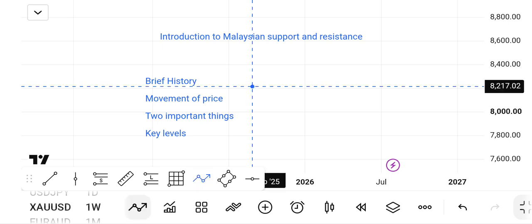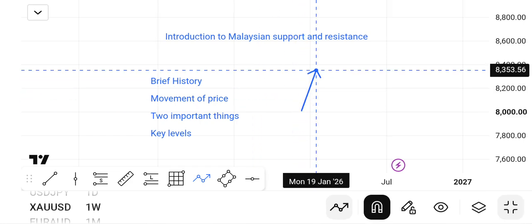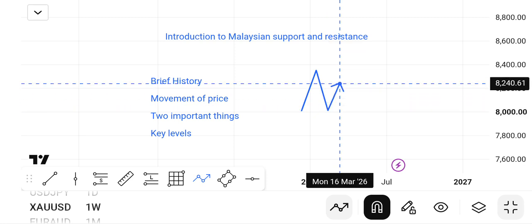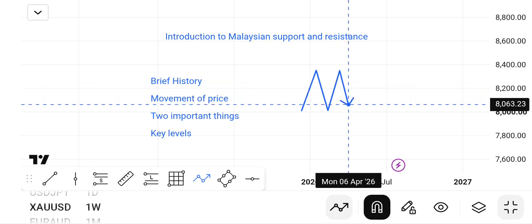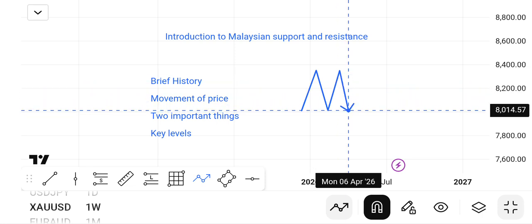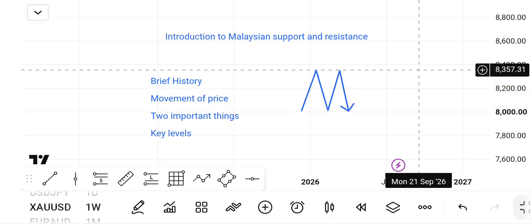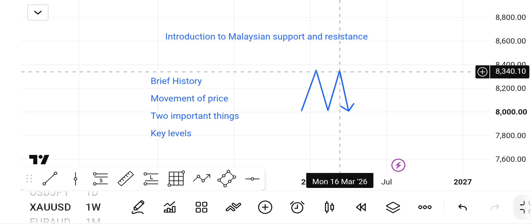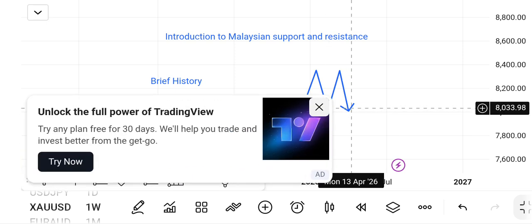What is the traditional support and resistance? We know that price moves from a level to another level. For instance, this place here to this place here is the resistance, and this place is the support.